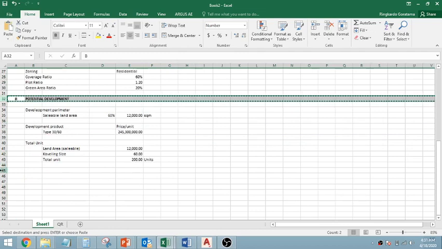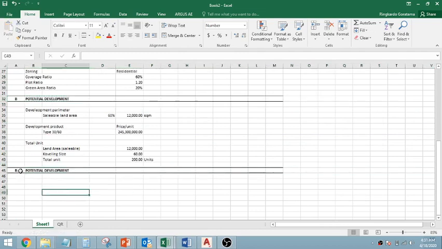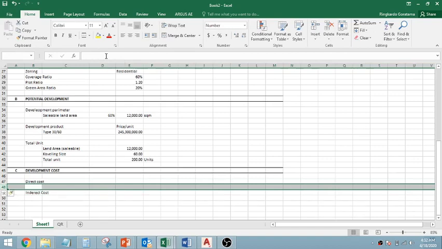So we just copy it here, and the next step is to calculate the development cost. There will be direct costs, and there will be indirect costs. So what is the direct cost?